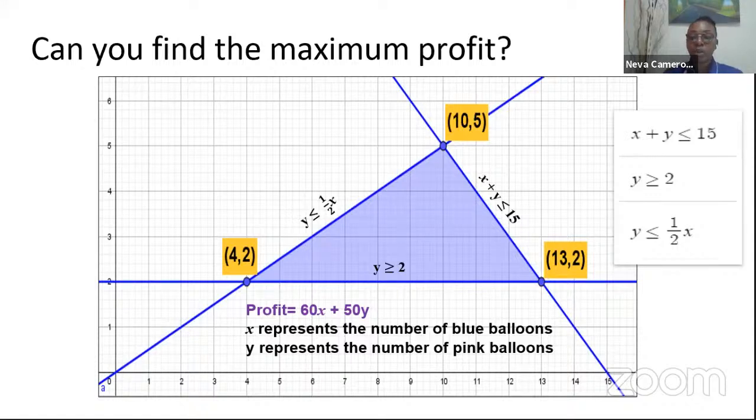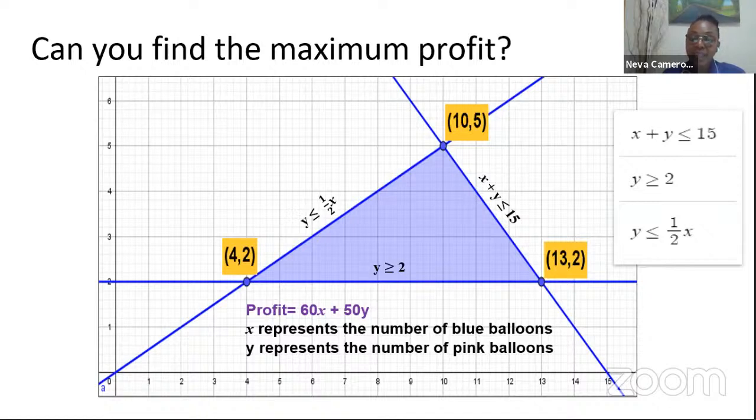So if we were to multiply 10 by 60 and 5 by 50, what is it that we would have gotten from the table? All right, 850. Thank you very much, Caleb. So let us now work 13 blue, so 13 multiplied by 60 and 2 multiplied by 50, 880.